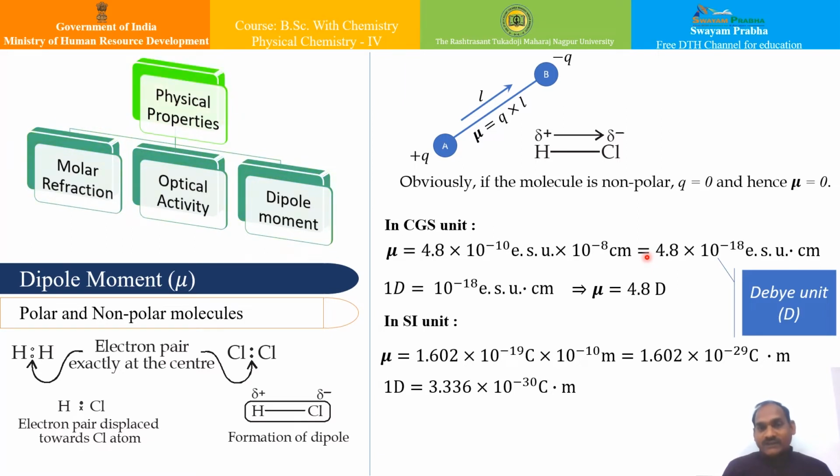Okay. So if the charge is equal to the charge on electron, that is 4.8 into 10 to the power minus 10 ESU, and the bond length is 10 to the power minus 8 centimeter, then the dipole moment will be given by 4.8 into 10 to the power minus 18 ESU centimeter.